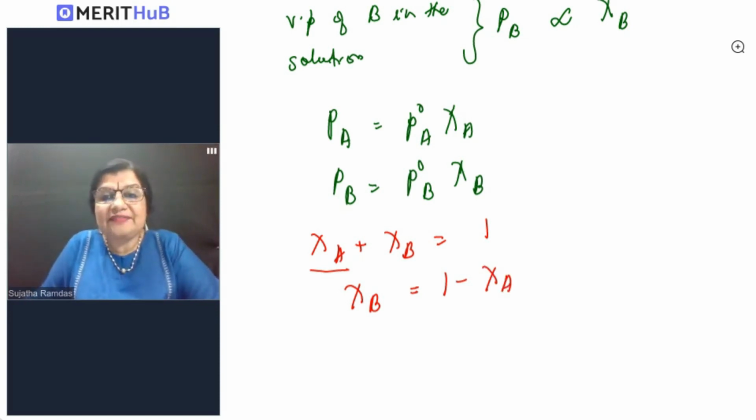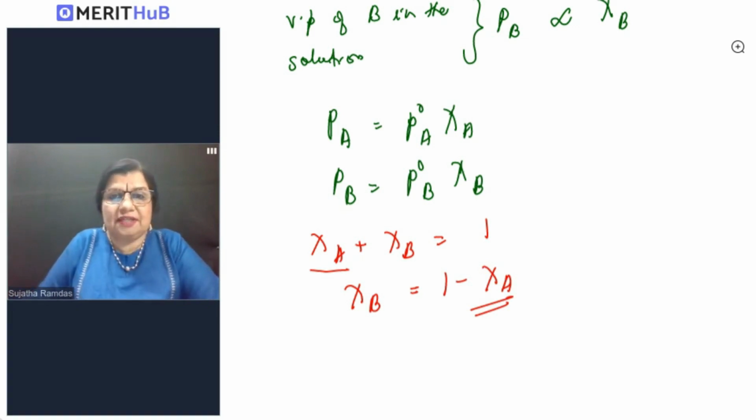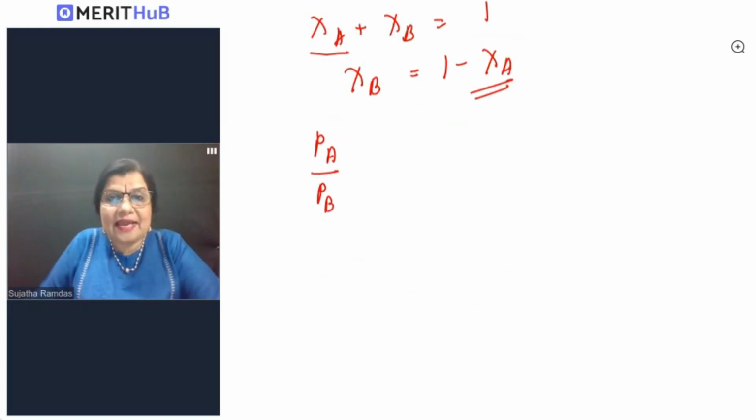Okay, so we've arrived at one equation. In the question, you've been provided with the information that the ratio of PA by PB is equal to 1 by 7.